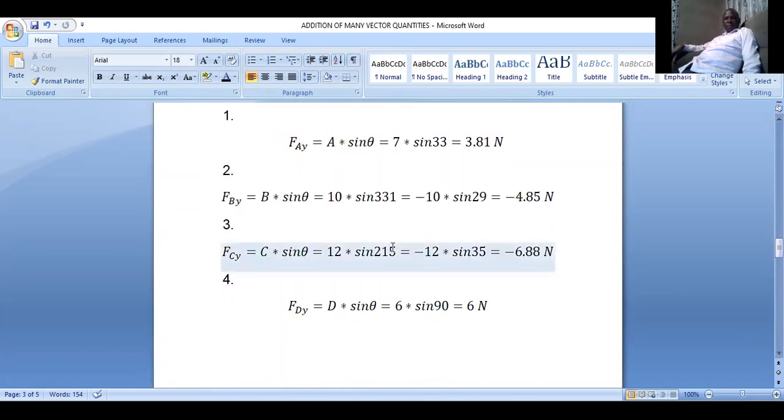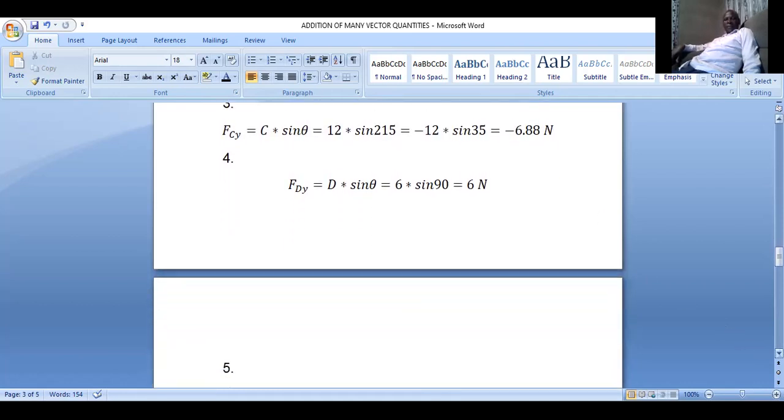So 12 times sine 215, which is the same as merely sine 35. And you know that when you draw the triangle, it's oriented in the negative y direction, and then it gives us negative 6.88 newtons.